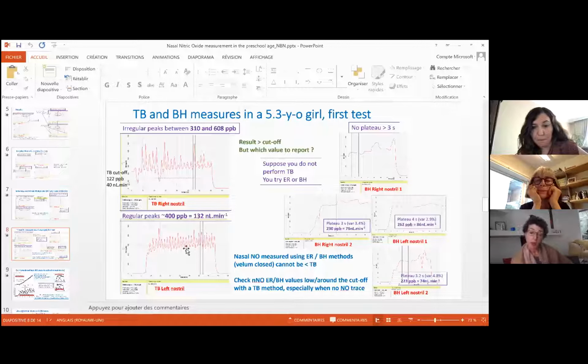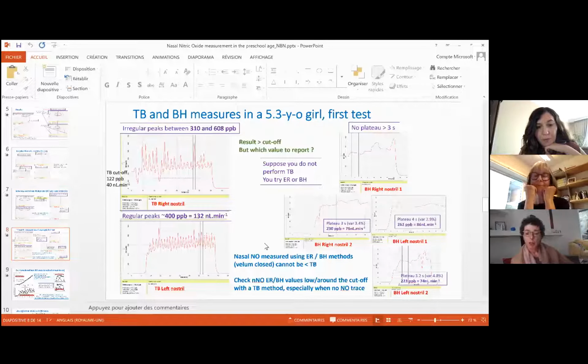But if you know how to handle the tidal breathing method, you can compare the results of the tidal breathing method, for example the left nostril, and see that it's higher than with the breath hold maneuver, which is not possible because, as Jane explained to you, during tidal breathing we have a much lower value of NO than during breath holding or expiration against resistance.